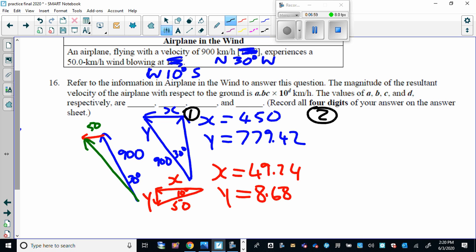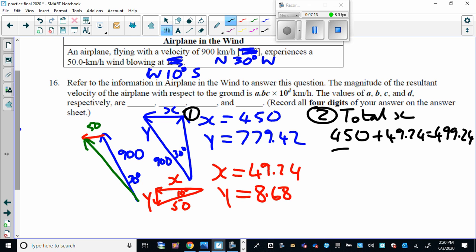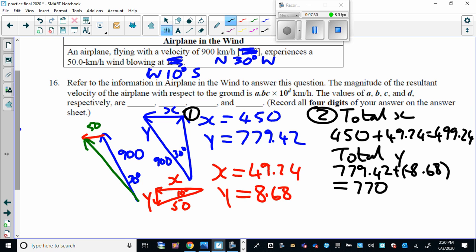So your total x. All right, we've added the x's and we've added the y's, and notice you have to be very careful about the signs.